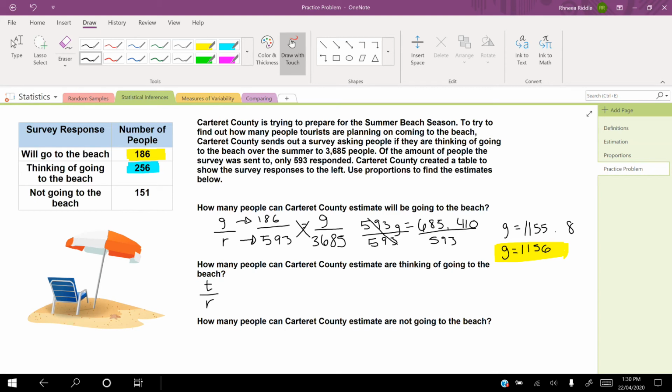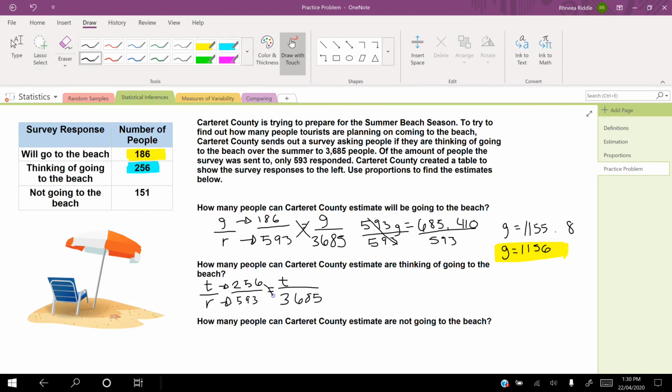This gives us 256 people are thinking of going. And just like before, we have 593 people who responded. I'm going to set that equal to how many people out of our total are thinking of going, which we don't know, so we're going to use T. And how many people we asked in total, which was 3,685.